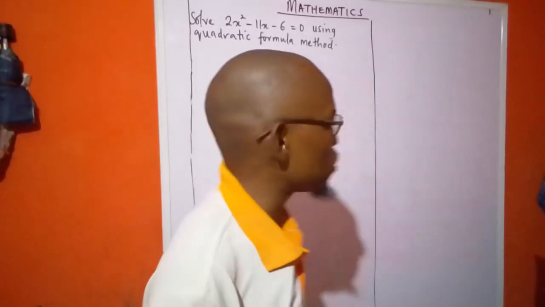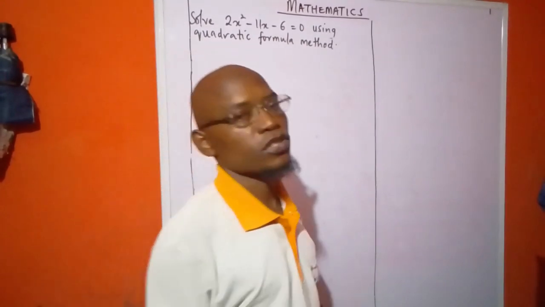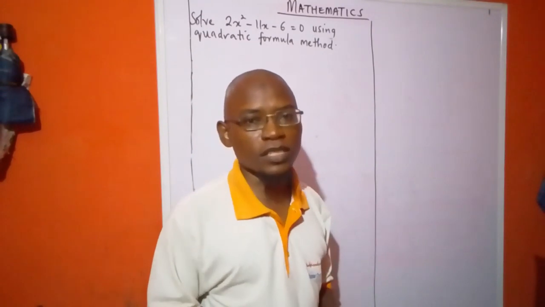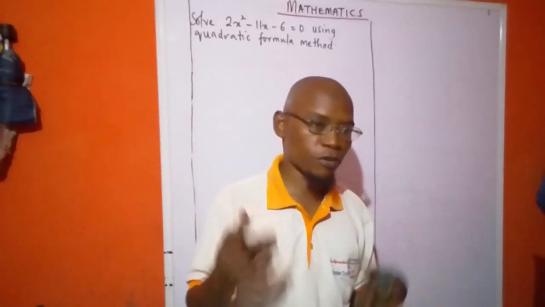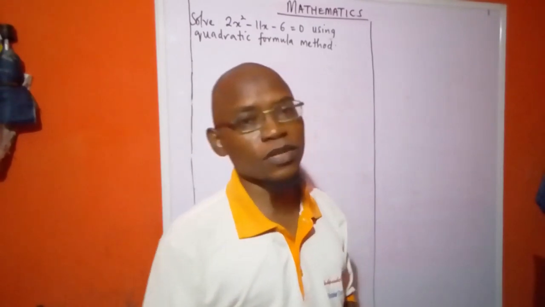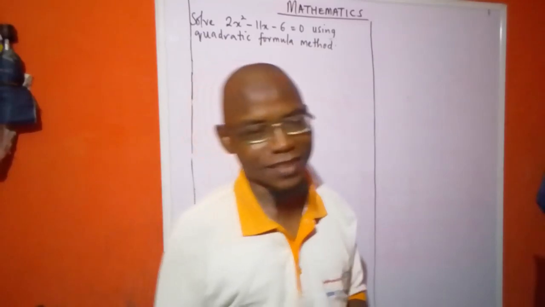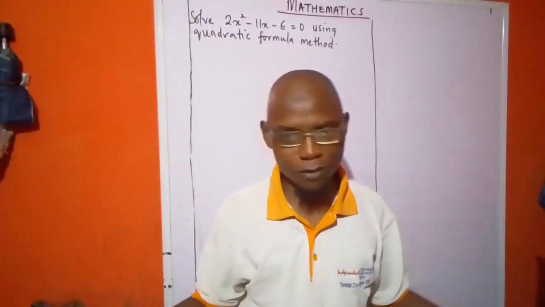All right, so today we want to look at the third method, which is the quadratic formula method. The general name known by students is the almighty formula.